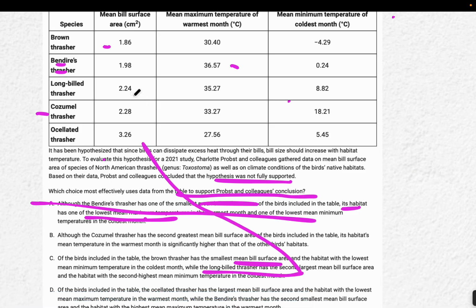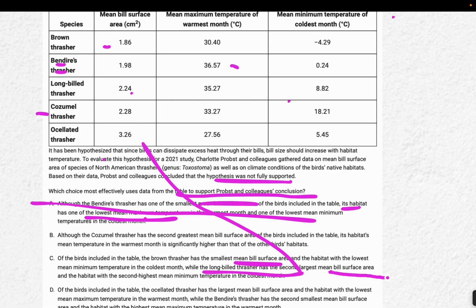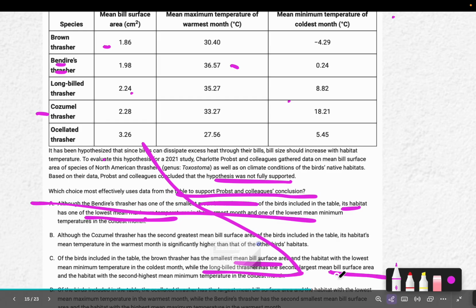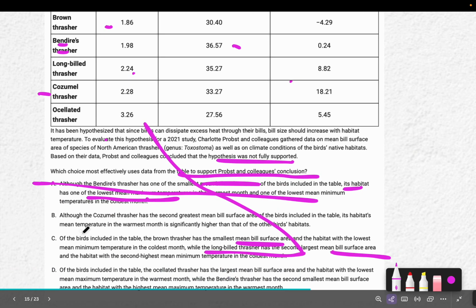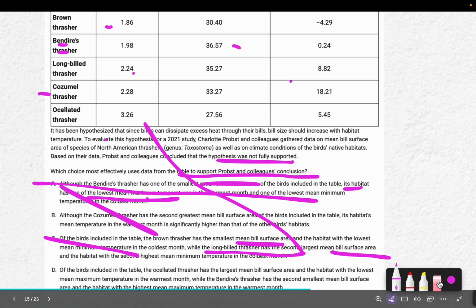Well, it's not the second largest, it's the third largest mean bill surface area of the species included. Instead of revealing a lack of support for the hypothesis, the mean bill surface area increases with habitat temperature. Therefore, we have cancelled all of these choices and we're sure that it's none of these choices.